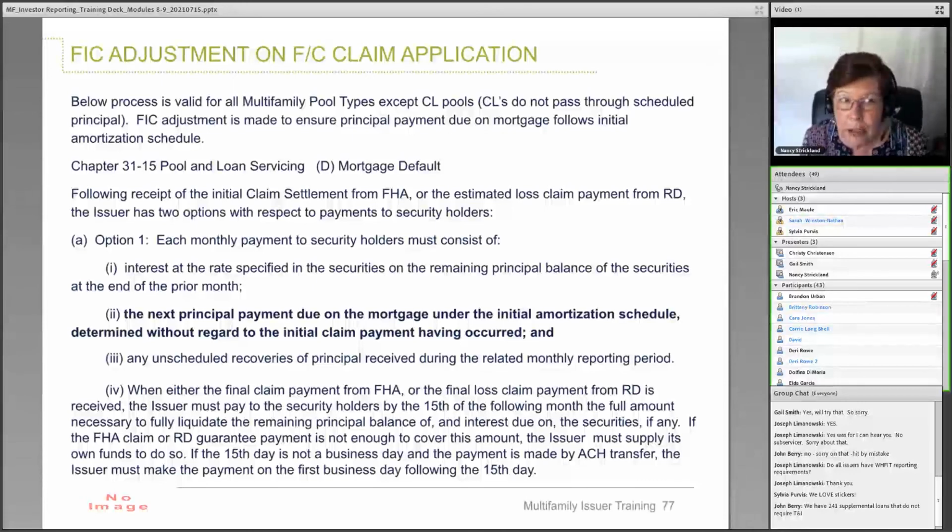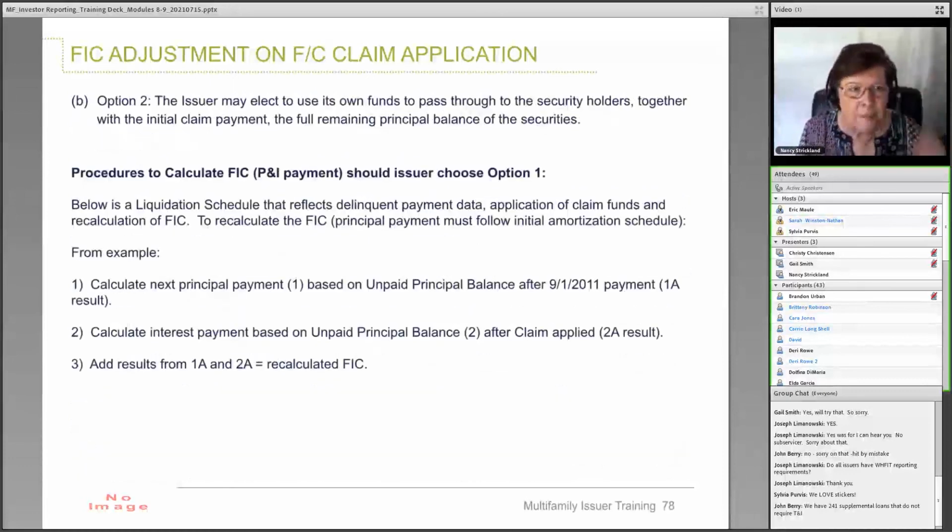So there are a couple of slides on here that give you that process, tells you exactly how to perform those. And for any process, if you are unsure, please contact your issuer analyst. So there's a couple of pages on that.